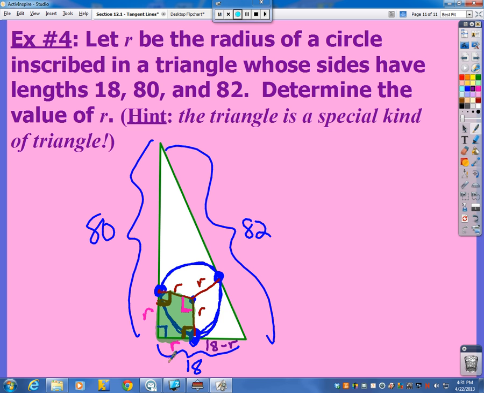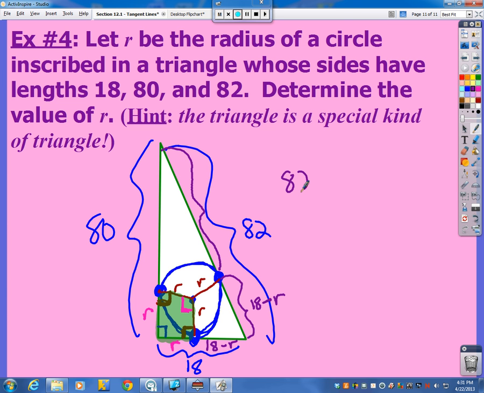Okay, now do we go up here and label this 80 minus r? Not quite. We're going to wrap around this whole thing till we get back to the r. So this little piece right here, well, how long is it? Oh, party hat theorem. This piece and this piece should be the same. So if that piece down there is 18 minus r, so is this piece. Which means how long is this leftover tangent piece here?